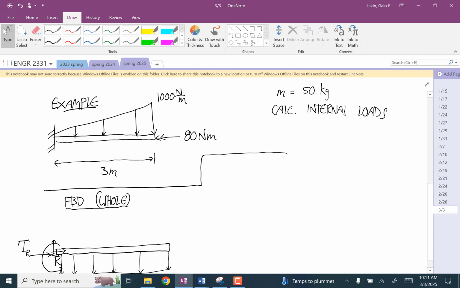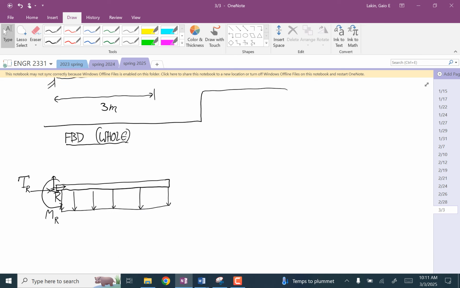So 490.5 divided by 3 is 163.5 newtons per meter. And then we have the triangular distributed load of 1,000 newtons per meter. And then we have the couple of 80.